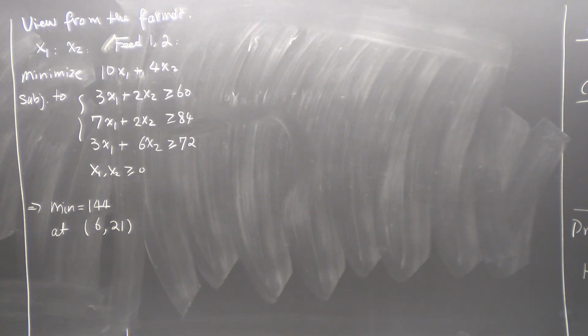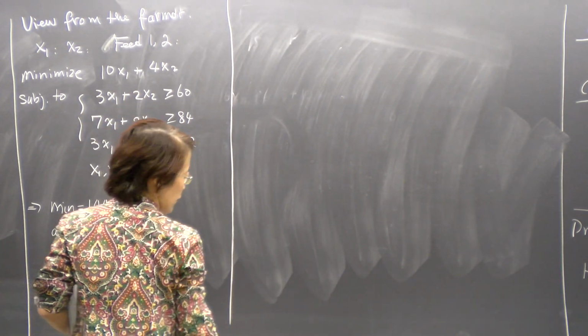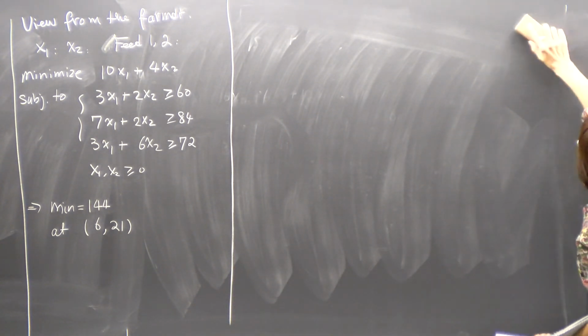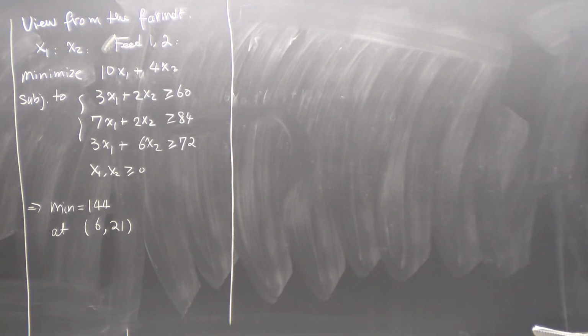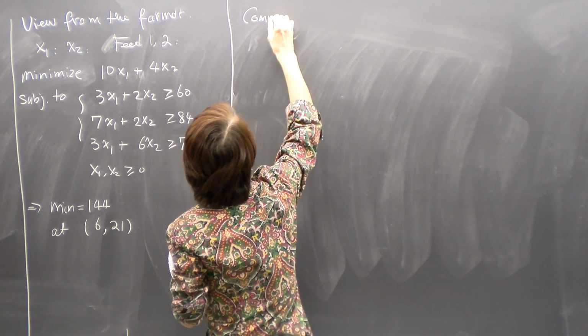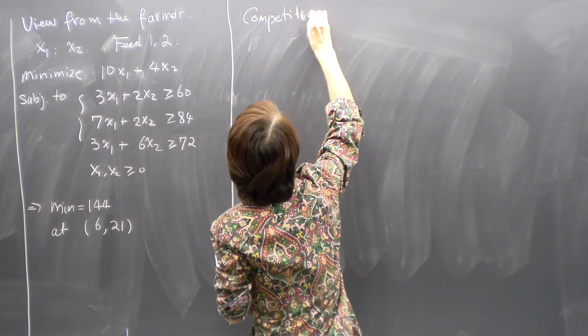We call this the original problem, viewed from the farmer's perspective. Now we're going to view it differently. The farmer has been buying these from a store in town, and then there is a new salesperson or new store opening up, a competitor, right? So now we view this from a competitor's point of view, a competing seller.